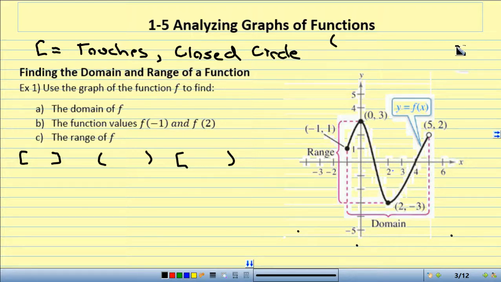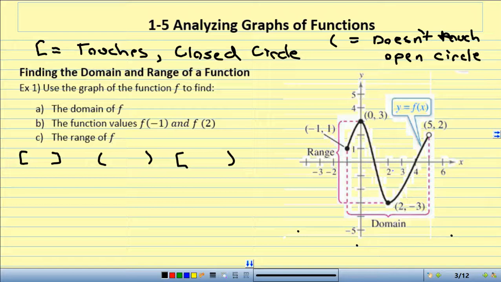And parentheses means it, of course, doesn't touch, or open circle. Open circle. And that's a T. I do not know what happened there. So that's kind of like the basics of interval notation. You'll understand it once we start doing an example.